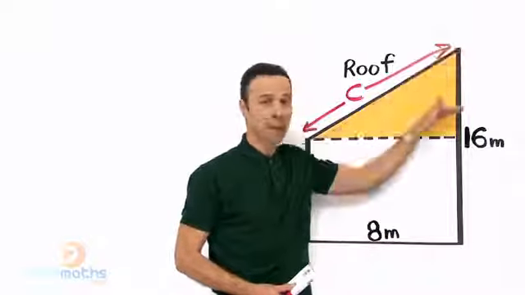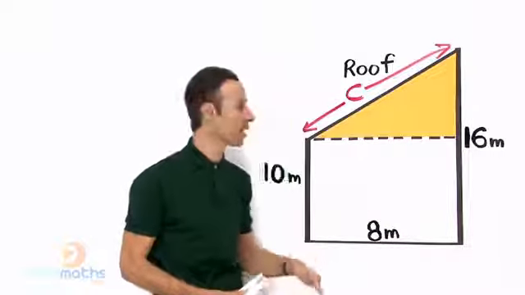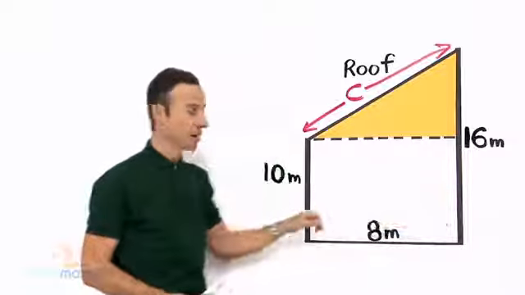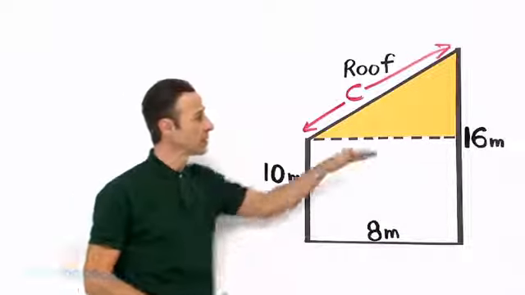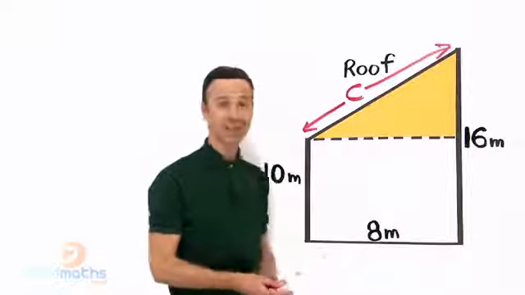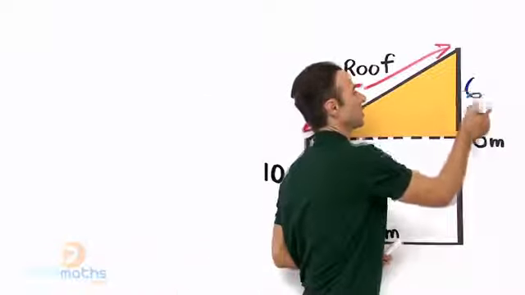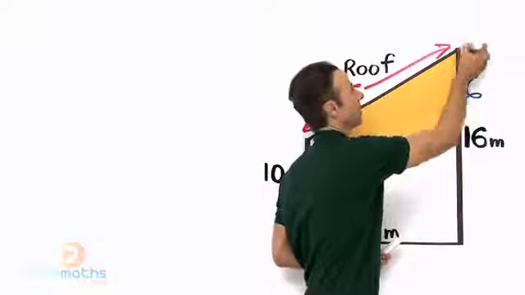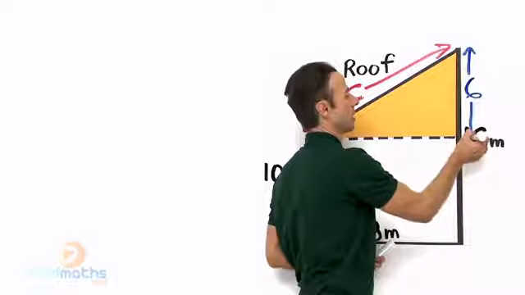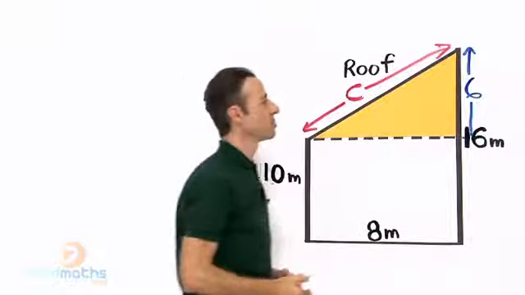And that'll give us the gap, what's here, this yellow part. So let's do that. 16, take away 10, leaves us this bit here, which is 6 meters. So let's write down 6. So that height there, up to about there, is 6 meters.